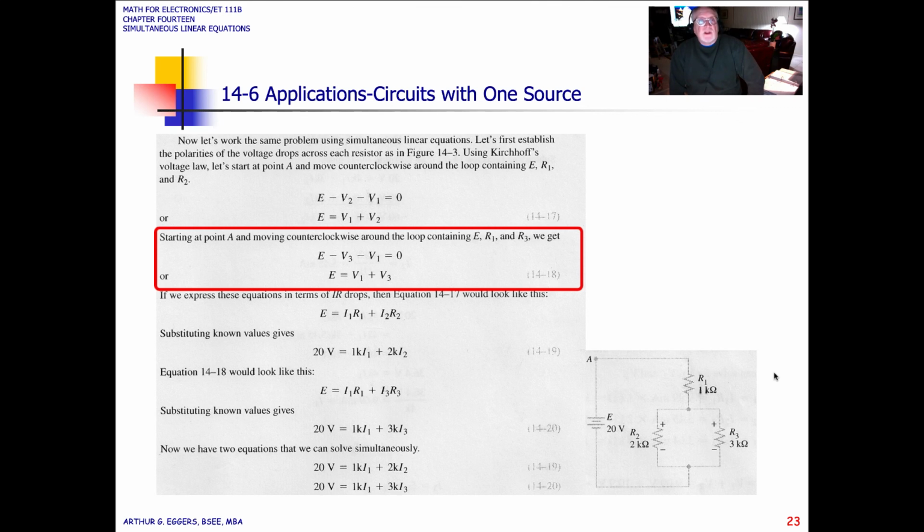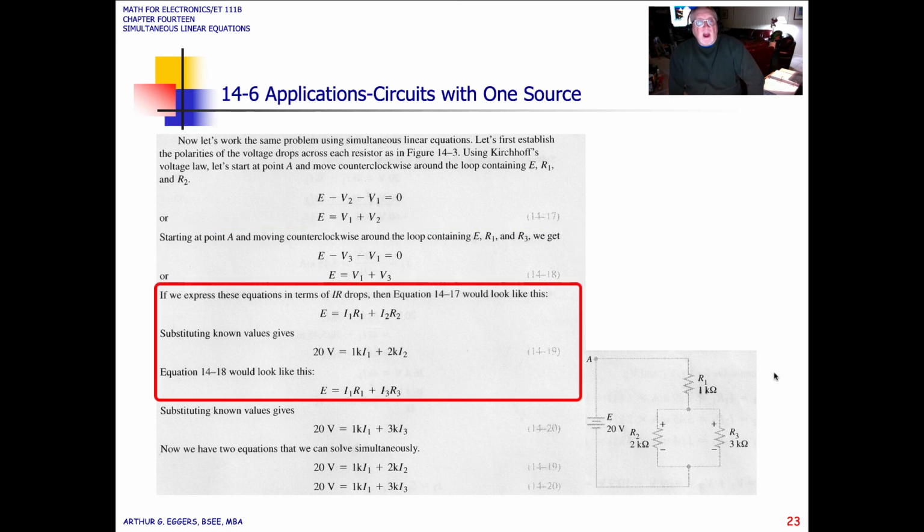If we express these equations in terms of the IR drops, the current times the resistance, then we have an expression that looks like E is equal to I1R1 plus I2R3, where we're just using the equivalence of the voltage drops V2 and V3.